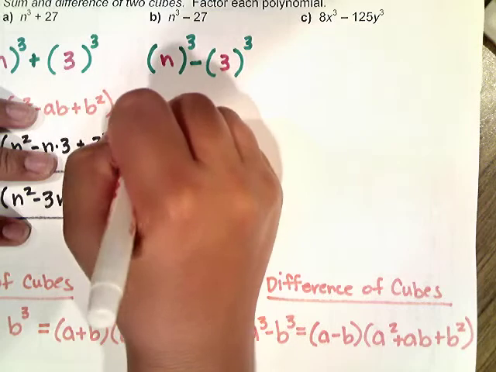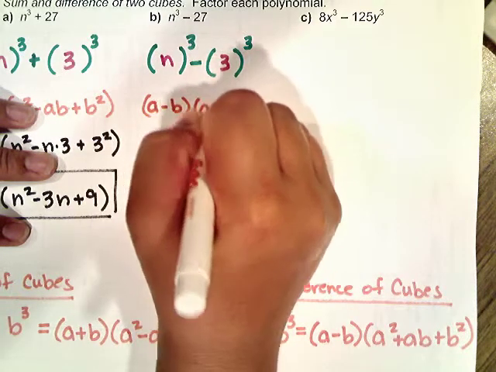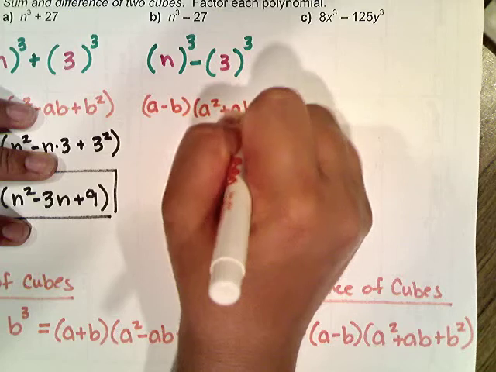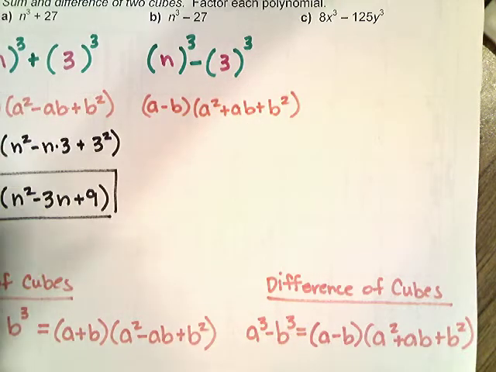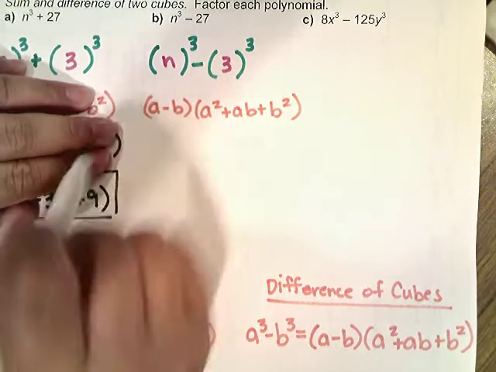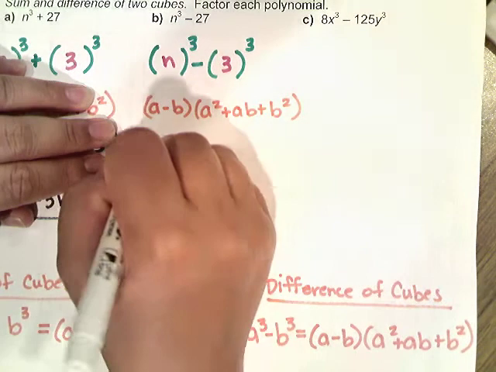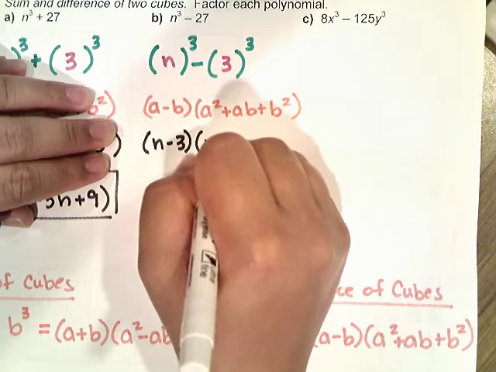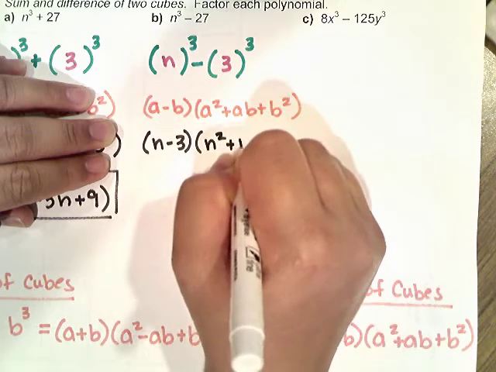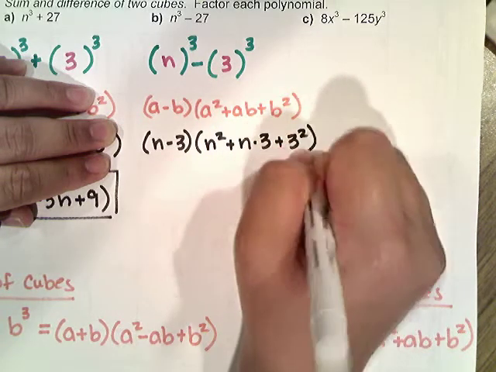So that difference of cubes is a minus b times a squared plus ab plus b squared. And let's fill that in. Anywhere we see an a, we're putting n. Anywhere we see a b, we're putting 3. So that's going to be n minus 3 times n squared plus n times 3 plus 3 squared.